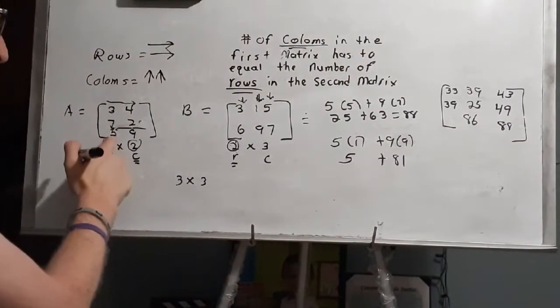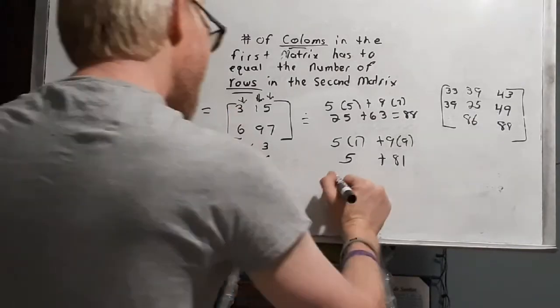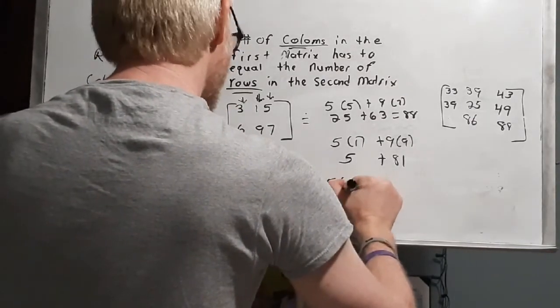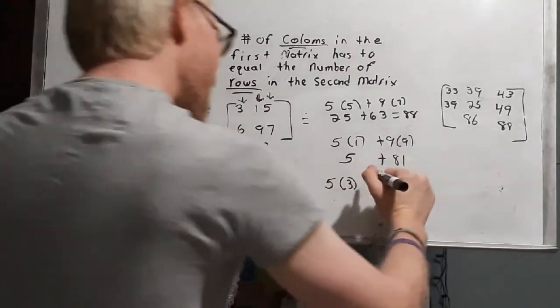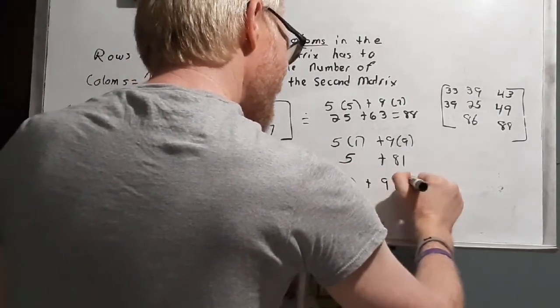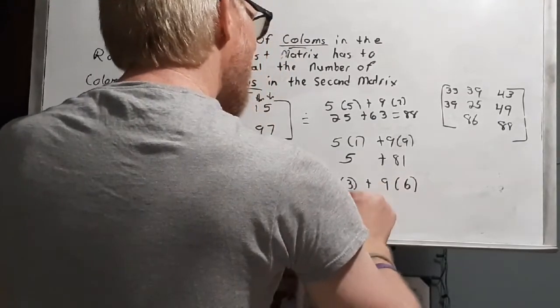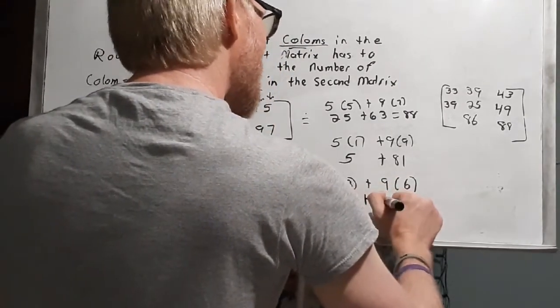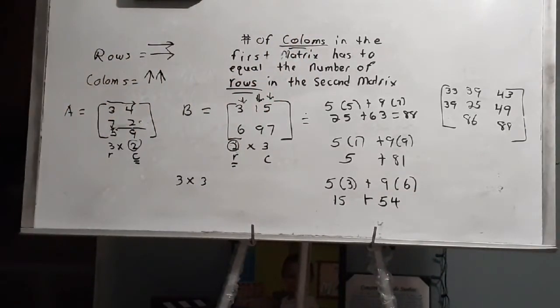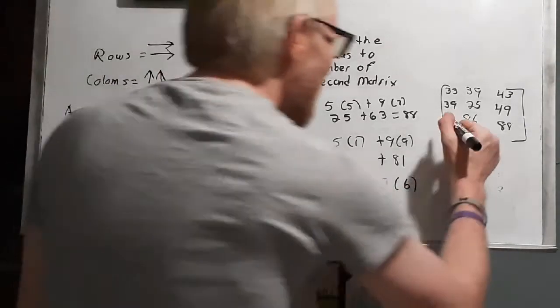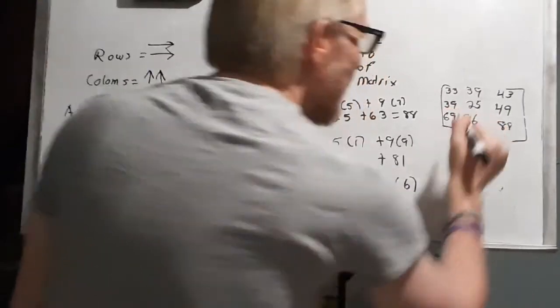And then we're going to multiply 5 times 3 plus 9 times 6, and 5 times 3 is 15, and 9 times 6 is 54, and 54 plus 15 is 69. And that's how you multiply.